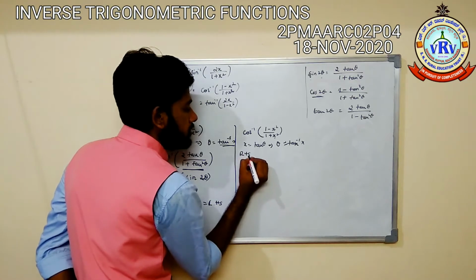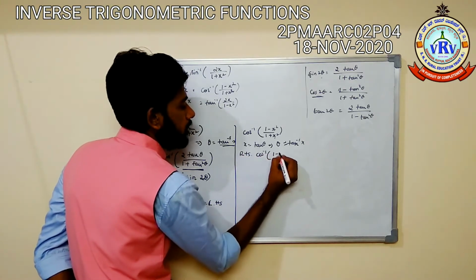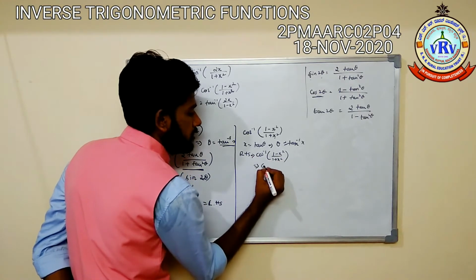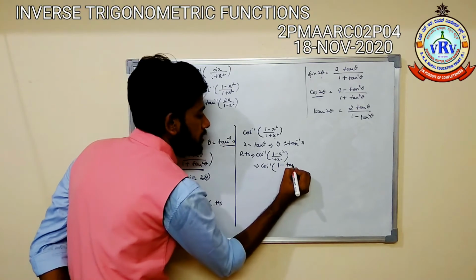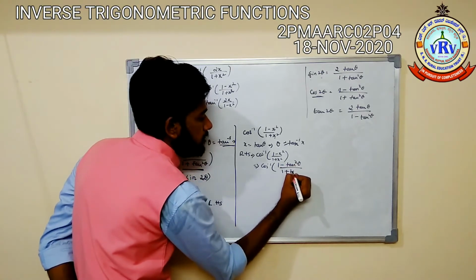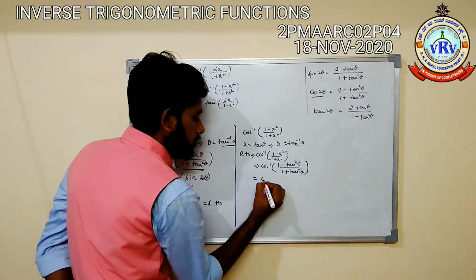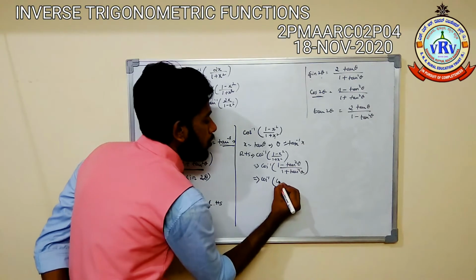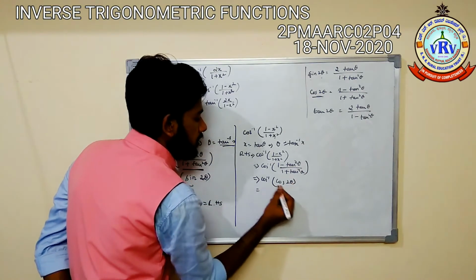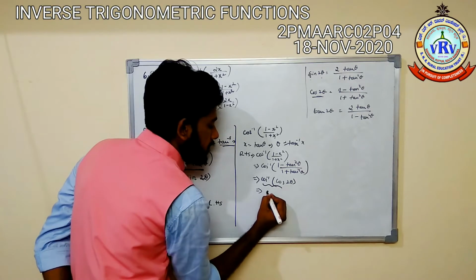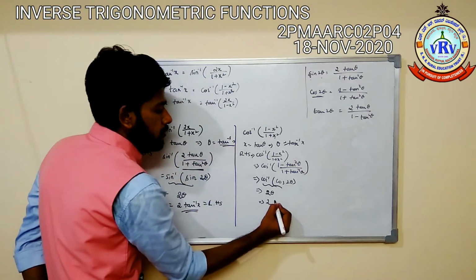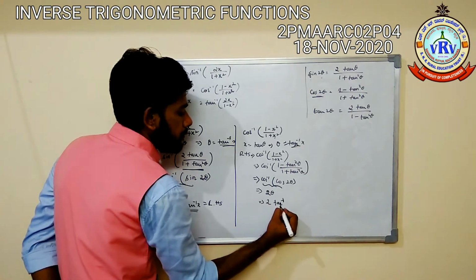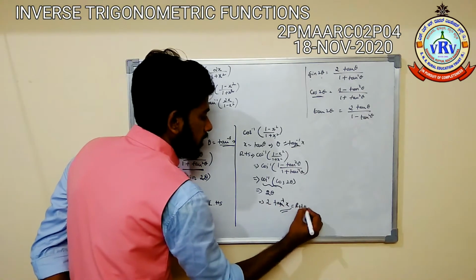Just replace in the RHS cos inverse of (1 minus x square) divided by (1 plus x square), replacing x as tan theta: (1 minus tan square theta) divided by (1 plus tan square theta) is equal to cos inverse of, so this expression is nothing but cos 2 theta. This will give the identical function, that means it will return 2 theta itself. So 2 into theta, which is tan inverse x, is equal to the RHS.